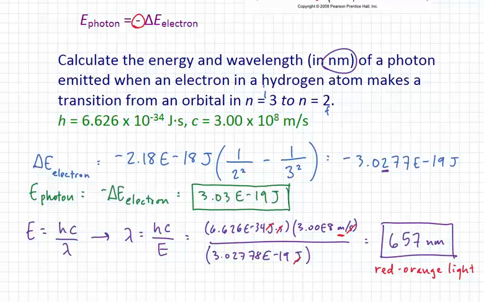You should actually be able to calculate the energy, the wavelength, or the frequency, I guess, of pretty much the photon corresponding with any transition, okay, between energy levels in hydrogen. If it was calculating how much energy needs to be absorbed, you would have gotten a positive delta E, and you would have gotten a negative energy for a photon.